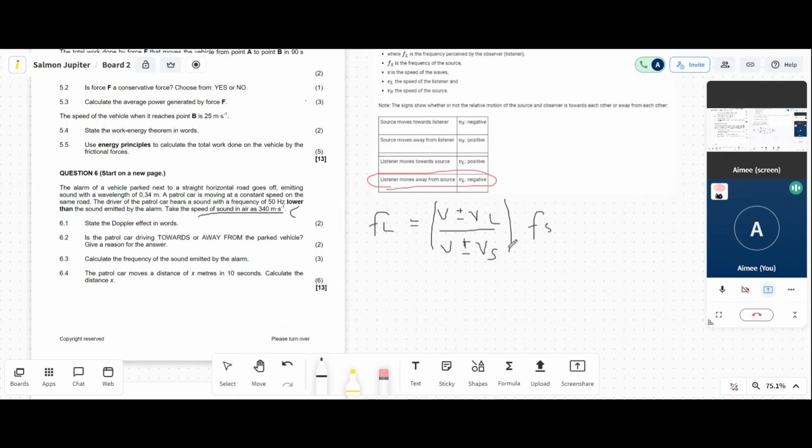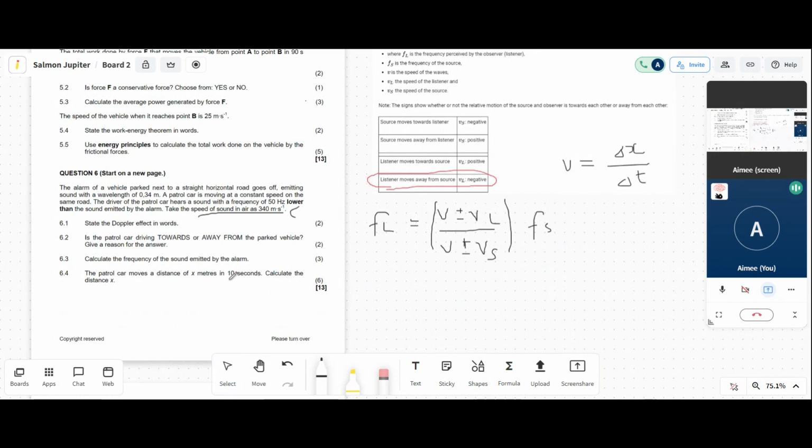Now we see they are looking for the distance that the patrol car travels in 10 seconds. In order for us to get distance, we need speed, because remember, velocity is equal to change in x, or displacement or distance, over change in time.